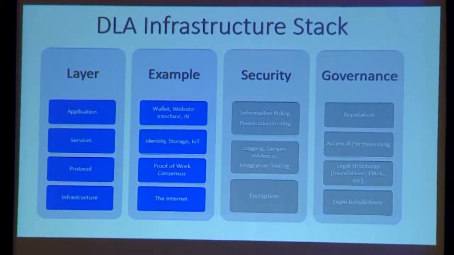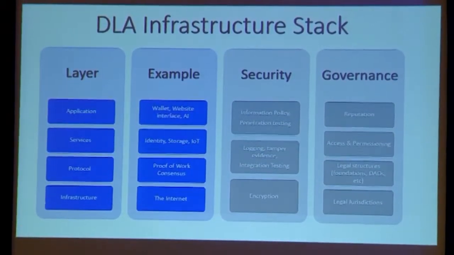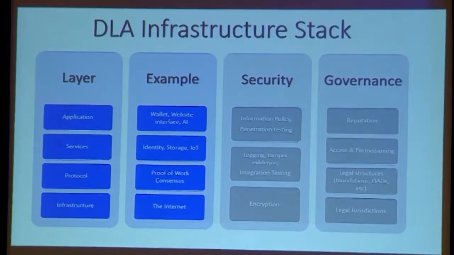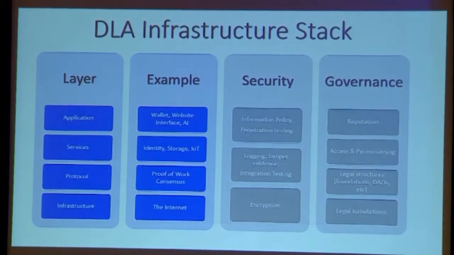You start with your underlying infrastructure at the bottom, right? This is where you've got the internet. Now, I think you can technically subdivide that up into 6 layers on its own if you want, but you have your infrastructure. Then you've got your protocols that sit on top of that.